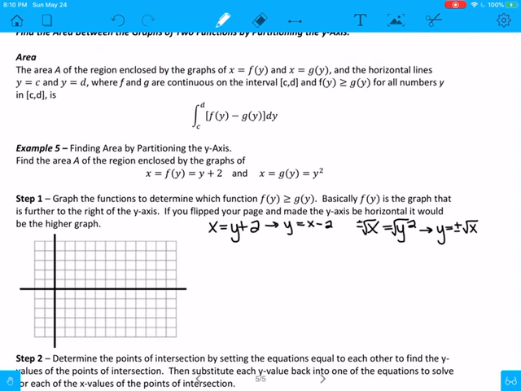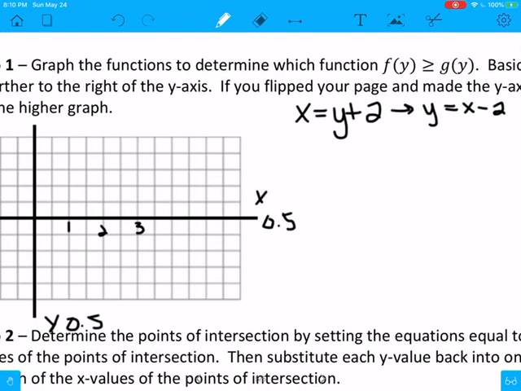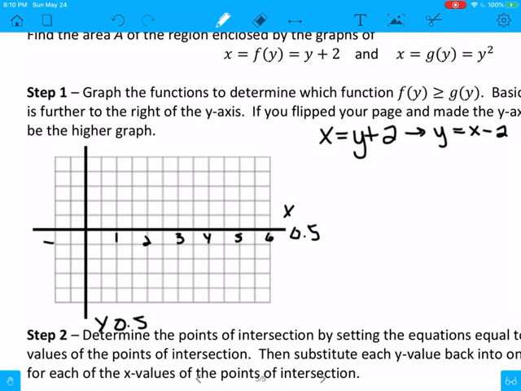So I made the x scale be 0.5 and the y scale be 0.5. So this is 1, 2, 3, 4, 5, 6, negative 1, negative 2, 1, 2.